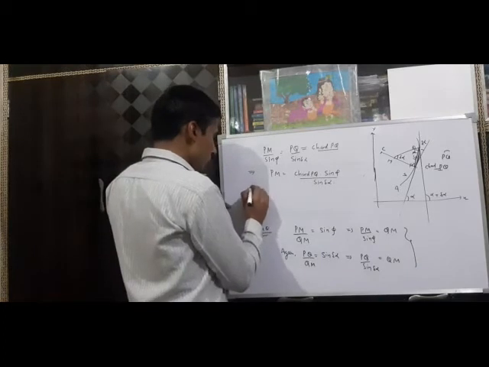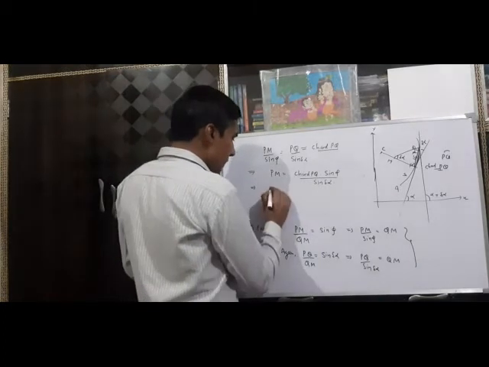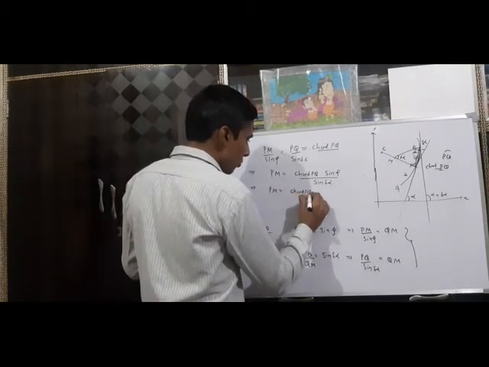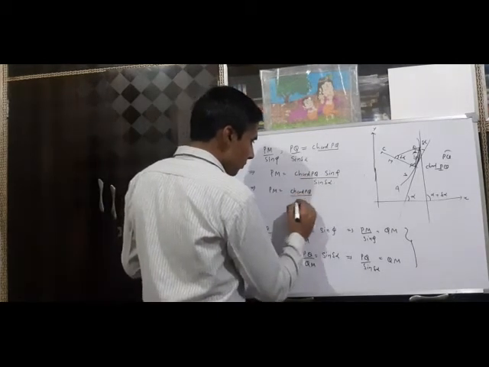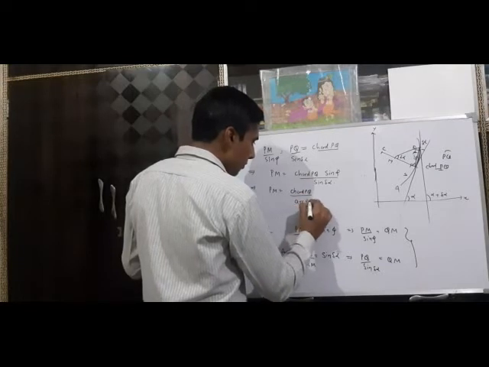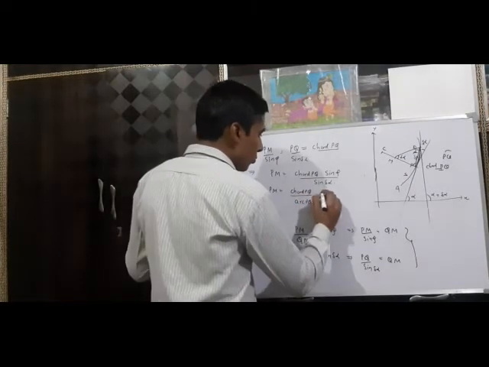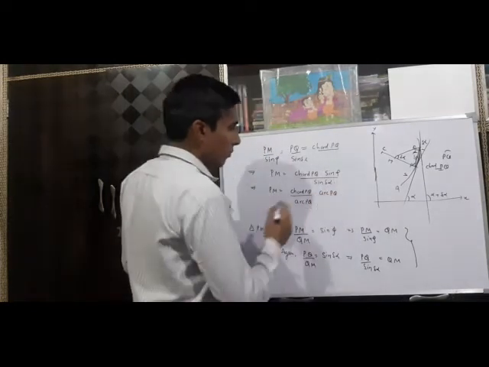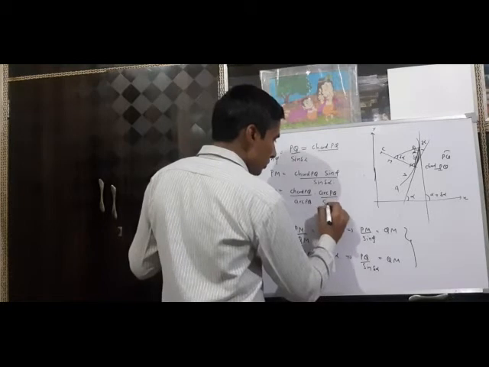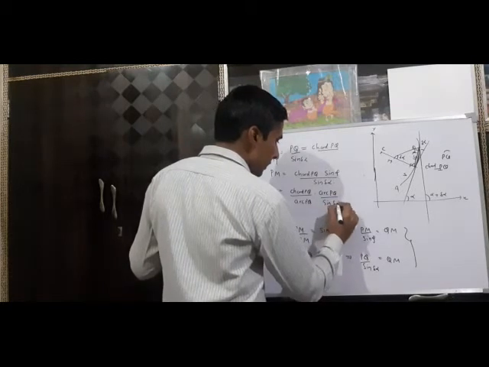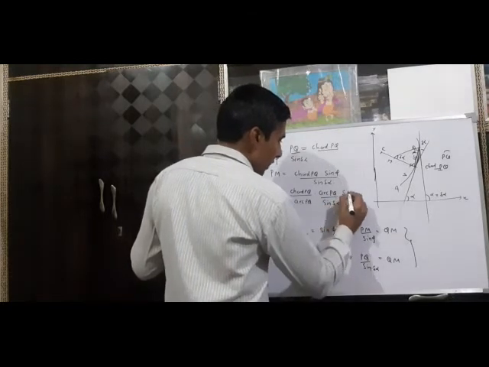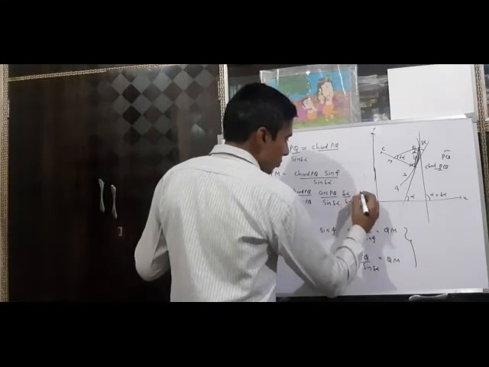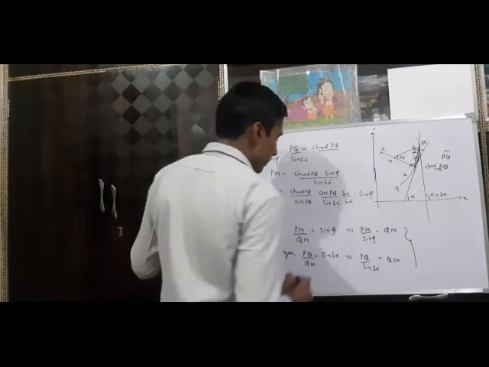Now we rewrite it as PM is chord PQ upon arc PQ into arc PQ upon delta alpha into delta alpha upon sine delta alpha into sine of phi.